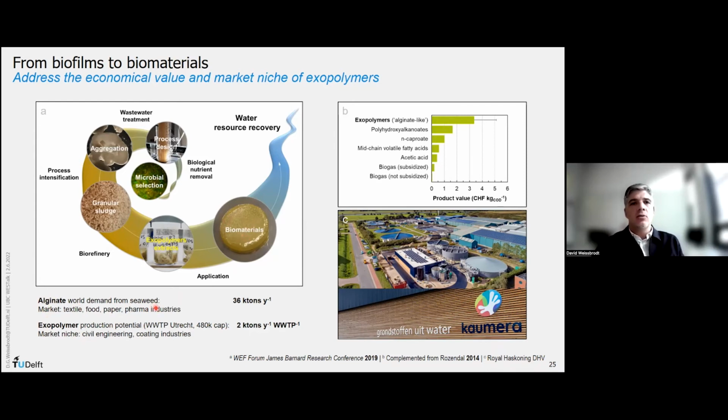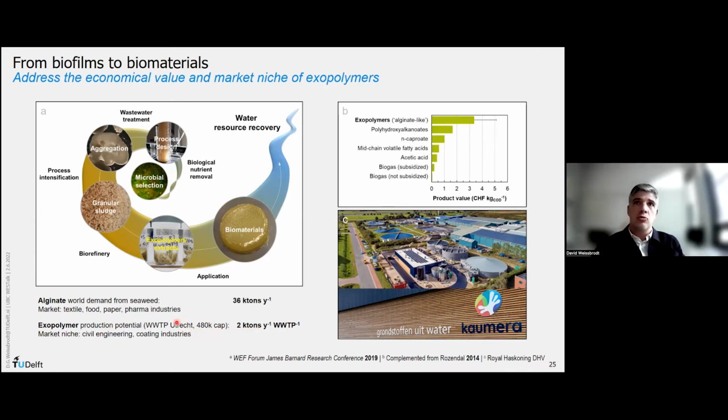The world demand for alginate is around 40 kilotons per year. How much exopolymer can we recover from wastewater treatment plants? This plant in Utrecht that will open for exopolymer production next week serves around 500,000 person equivalents. At this plant, we can produce up to 2 kilotons per year.